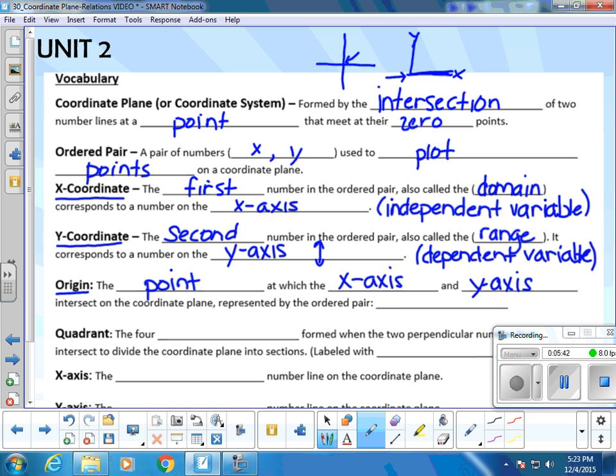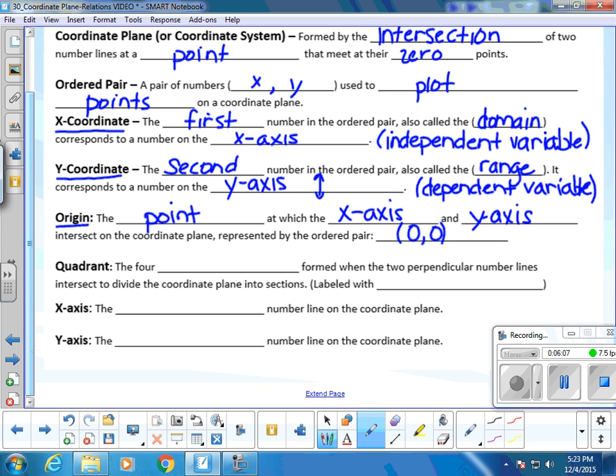And it is represented by the ordered pair 0, 0. Because if you remember when I talked about it at the beginning, we said the coordinate system is actually formed by the intersection of two number lines, where they meet at their 0 point. That's why it's 0, 0, because 0 on the x and 0 on the y. So it's 0, 0.